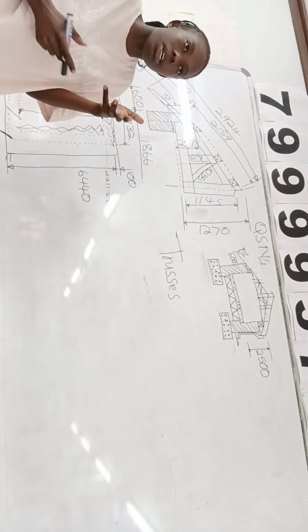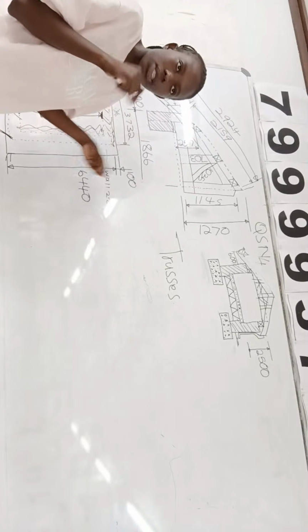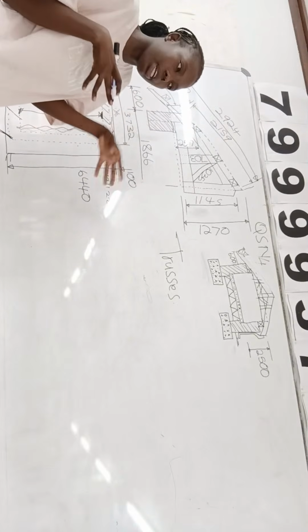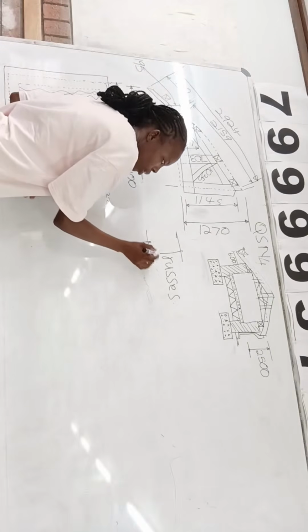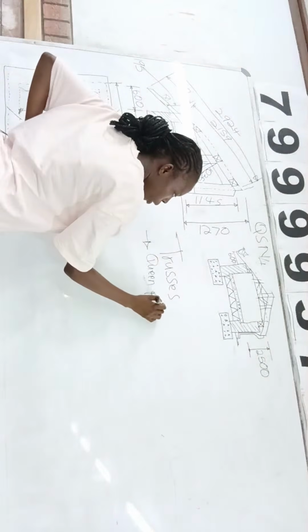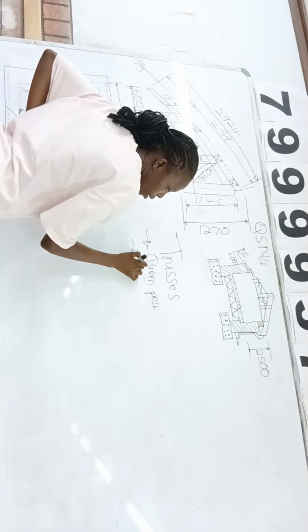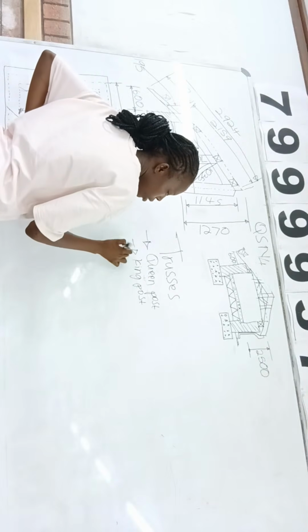So trusses, you need to know which is a truss. This one falls under a truss, this one doesn't. Again. Okay, so trusses, we have queen post, we have king post. What else? Diagonal struts.